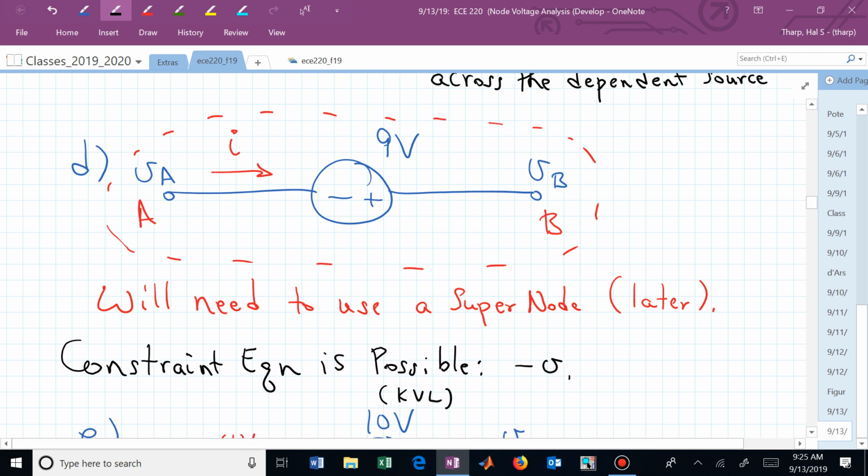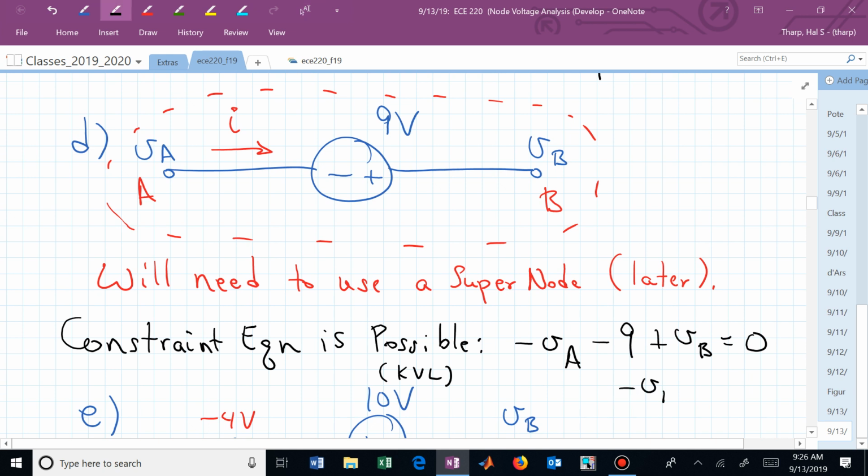That's now minus V sub A. We have another negative drop of minus 9, and then we have a drop from V sub B back to the reference. And so now we have minus V sub A plus V sub B will always be 9.